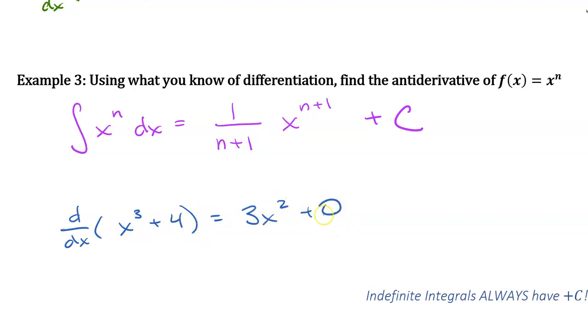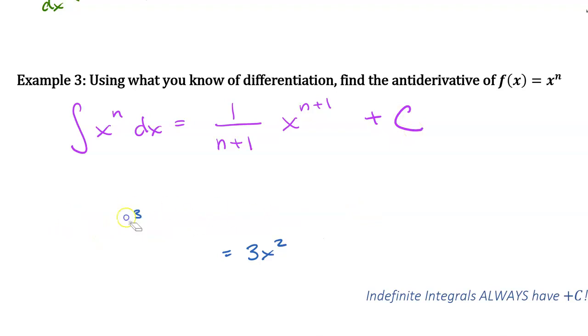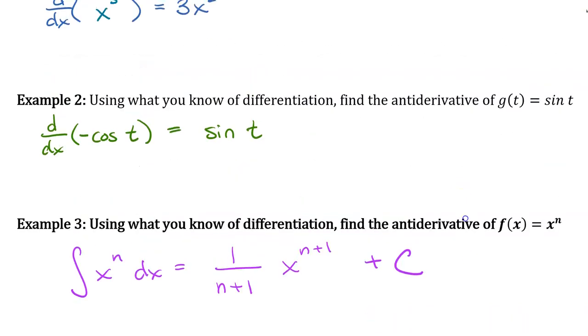The derivative of a constant is 0. So we actually don't know if we have a constant in the original function or not. And that is where this plus c comes in. Because we are going backwards, and 0 is the result, we don't know if a constant is above it.